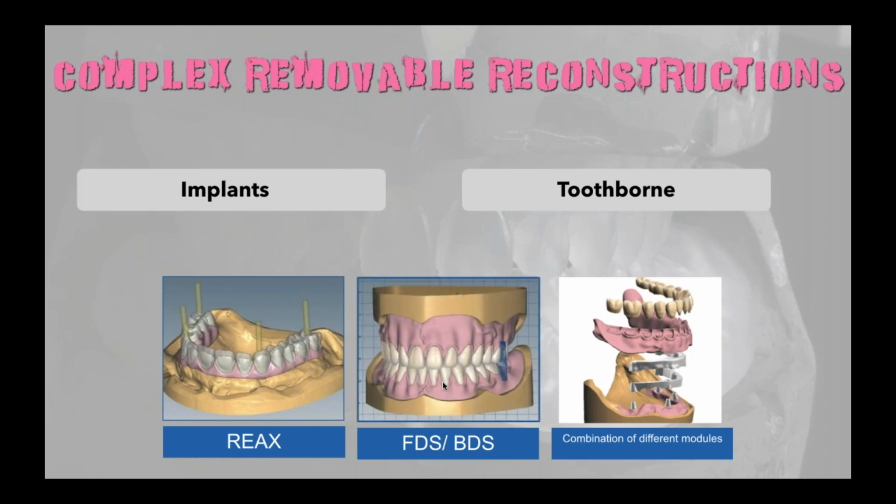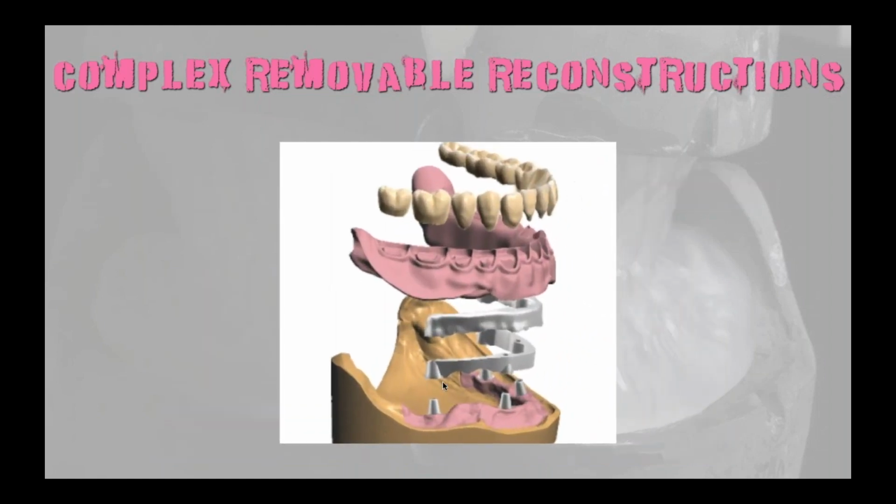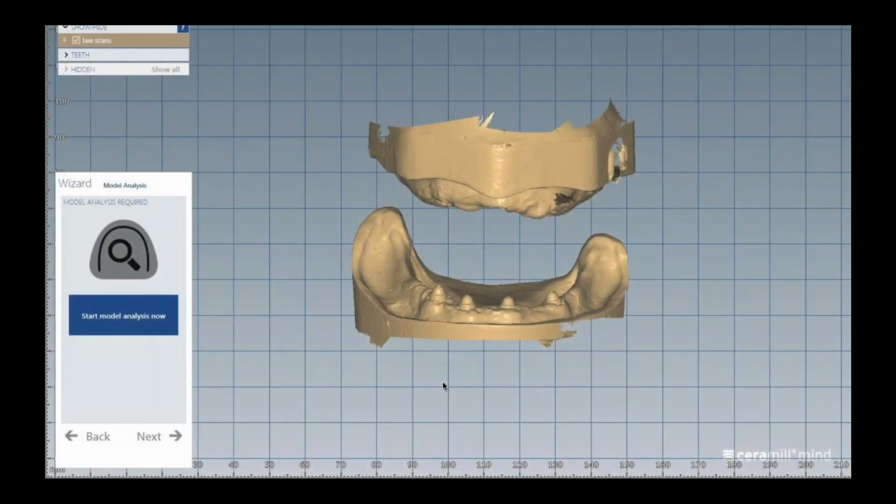So we can do bar cases, locator cases, or just denture cases. And I think that's also where the future is going, combining implant reconstructions, either in overdentures or fixed, with the denture modules to be able to satisfy the digital workflow totally.